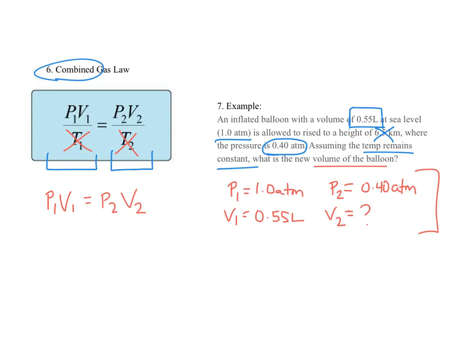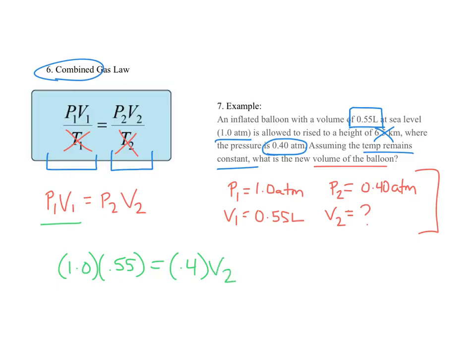I want to see this setup for all of your gas law problems, because once you have that set up, plugging everything in to actually solve the problem is a lot easier. So I have my P1 is 1 atmosphere. My V1 is 0.55 liters. And that equals P2, which is 0.4 atmospheres, and then V2, which is what I'm looking for.